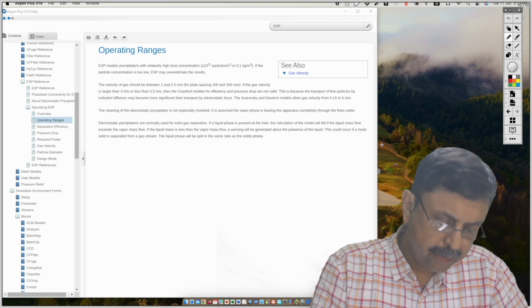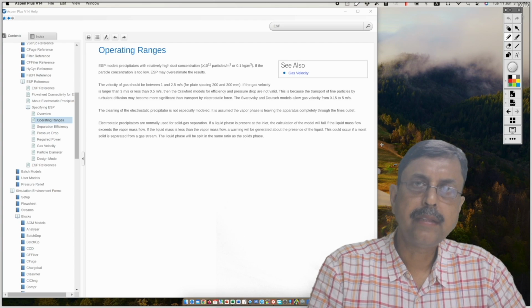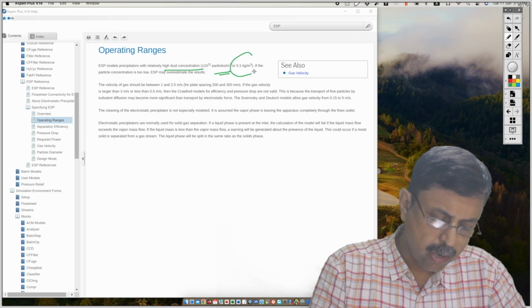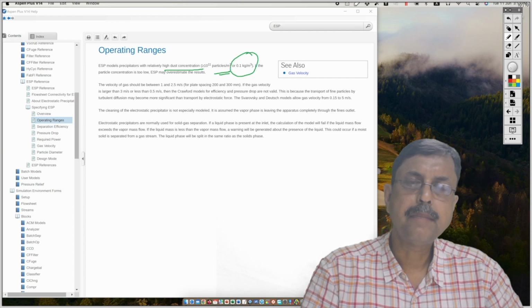Now, the ESP model that is available with Aspen Plus usually models high dust concentration, that is over 10 to the power 11 particles per meter cube or 0.1 kg per meter cube. Otherwise, the results will not be reliable.